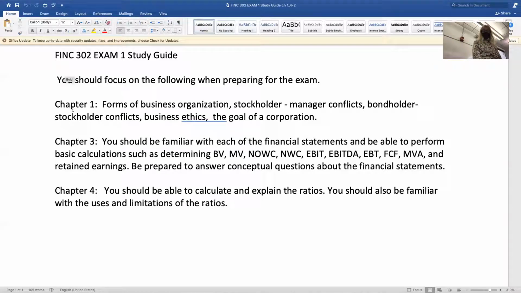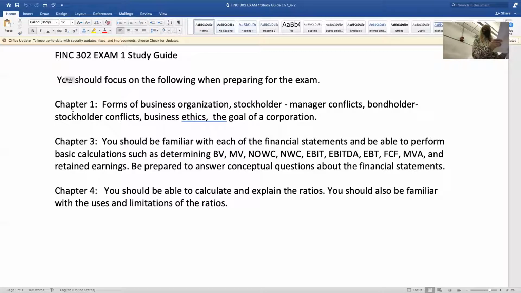Okay, and then for chapter 4, go over homework problem 23 and write all those ratios down. You should be able to calculate those ratios. Now, I mentioned last time, I had a note here about inventory turnover and the debt ratio. Neither of those is included.